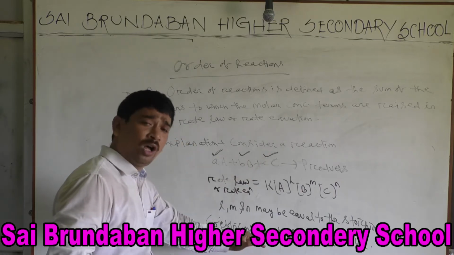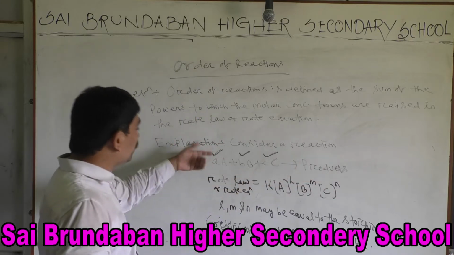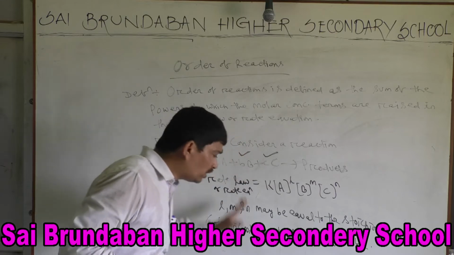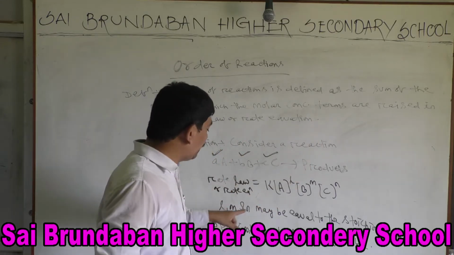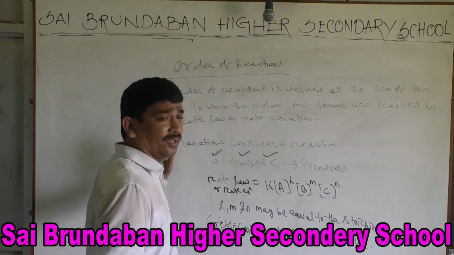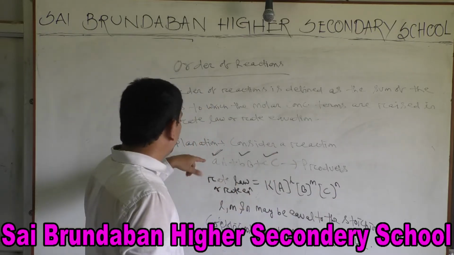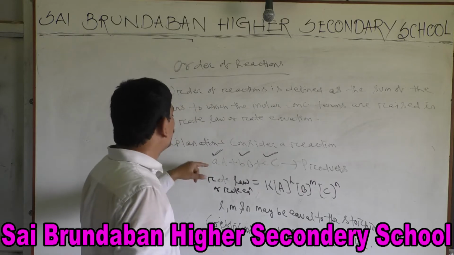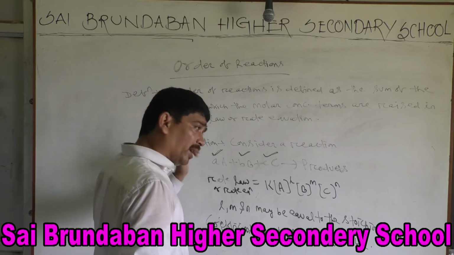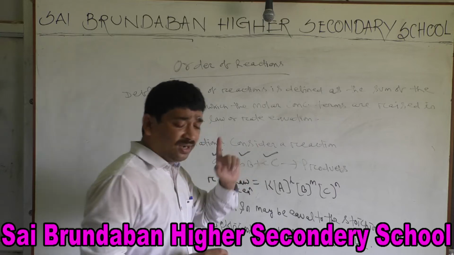They may be equal or less than, but L, M and N may not be greater than small a, small b and small c.